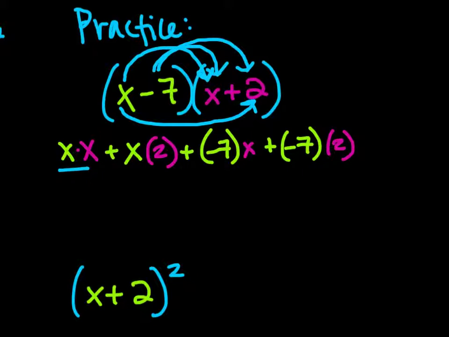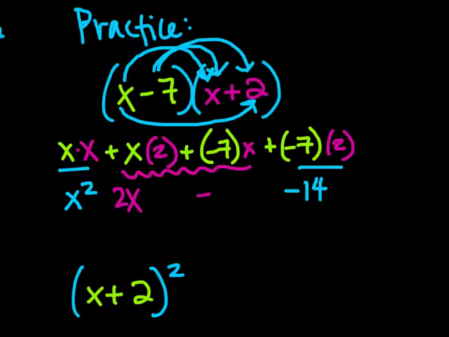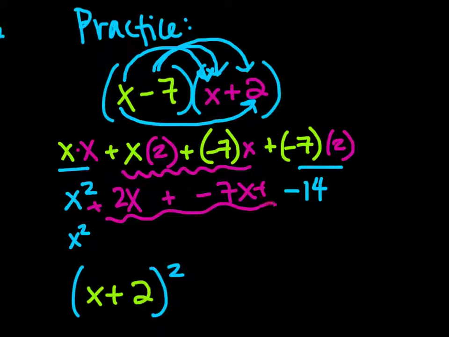Do a little bit of math. x times x equals x squared. Negative 7 times 2 gives me negative 14. And our middle stuff that we have here, we have x times 2, 2x, minus 7x. So we need to do a little addition in there. So if we do that, we get x squared minus 5x, 2 plus a negative 7 equals negative 5, minus 14.